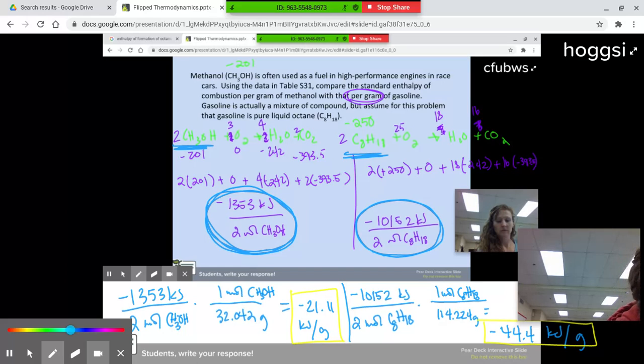And also, why do race cars use octane as a fuel?